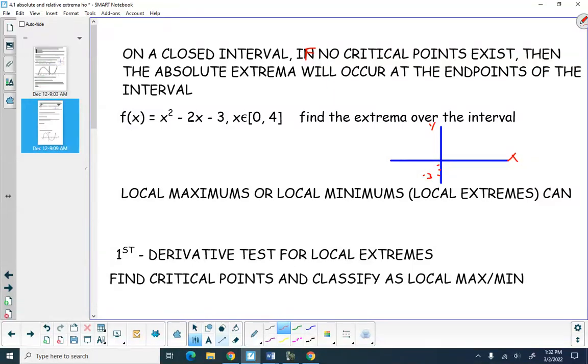My axis of symmetry will be -b over 2a, which is -(-2)/2, so we have an axis of symmetry at 1. We're going to get an axis of symmetry at a value of 1 here.